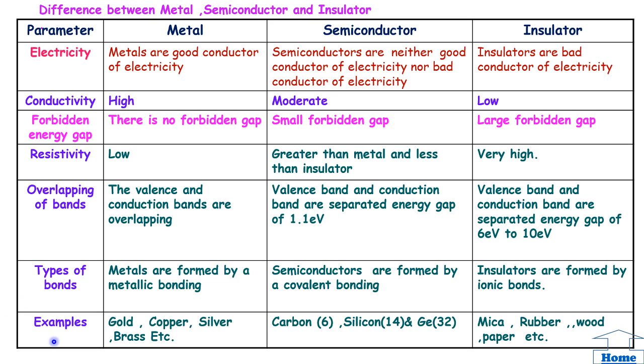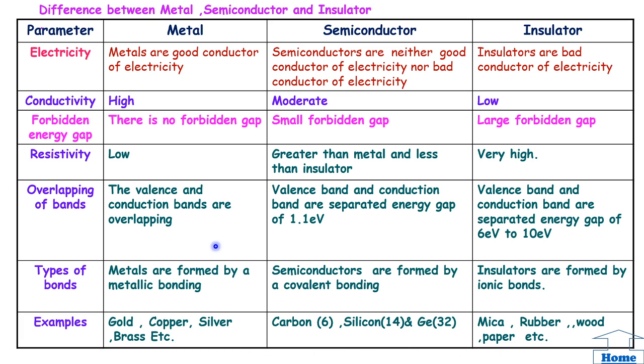Examples of metals are gold, copper, silver, brass, etc. Semiconductors: carbon, having atomic number 6, silicon, germanium. In insulators: mica sheet, rubber, wood, paper, etc. are the examples.